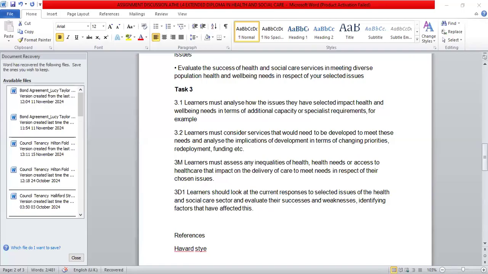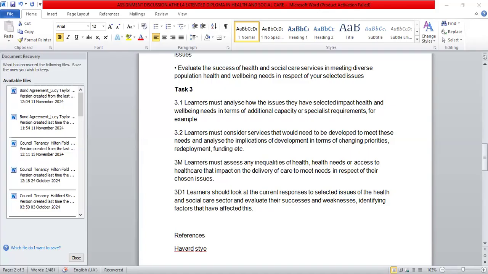Okay. And then if we want to achieve a distinction, we expect that you should be able to assess the inequalities of health, the health needs or access to healthcare that impact on the delivery of care to meet the needs in the chosen issue that you have mentioned. For the distinction, you should be able to look at the current responses to the selected issues of the health and social care sector and evaluate these successes and weaknesses, identifying factors that have affected them.